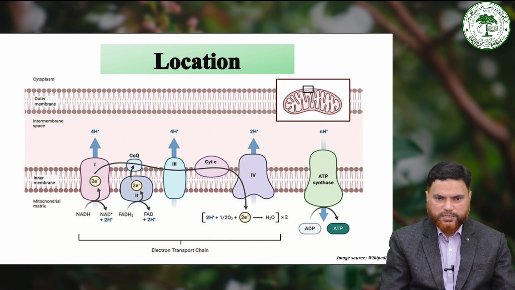You see how these different complexes are embedded in the inner mitochondrial membrane, which helps in the transfer of electrons from one carrier to another, accompanied by outward pumping of protons. This arrow shows outward pumping of protons. Complexes 1, 3 and 4 pump protons outward, whereas complex 5 pumps protons inward, and complex 2 is unable to pump protons.